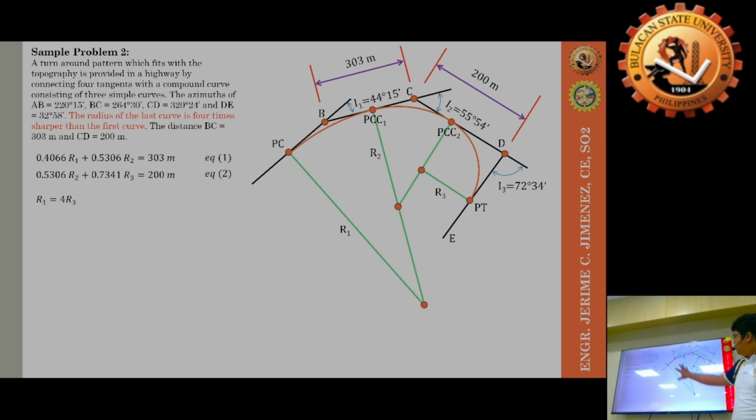Kung makikita niyo, yung first curve versus the third curve, mas nakabuka yung R sub 3, yung third curve, versus sa first curve. Yun yung ibig sabihin natin ng sharper. Okay? Mas malaki ang buka pag sharper.